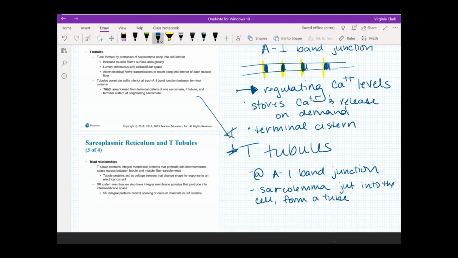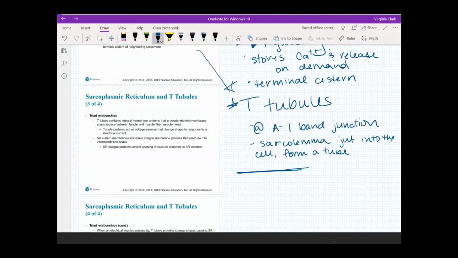So this in a traditional surface area would be my sarcolemma. It's essentially my plasma membrane. It's the surface of the cell. But what we mean when it juts into the cell is it will actually do this, and it will form a tube. This is your T-tubule.